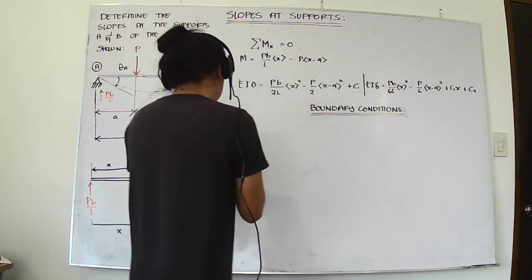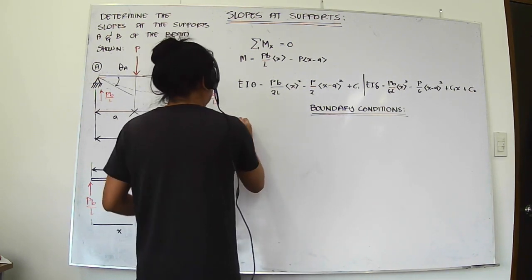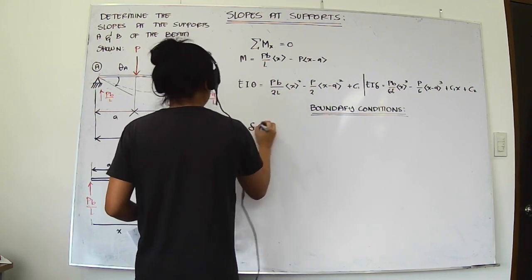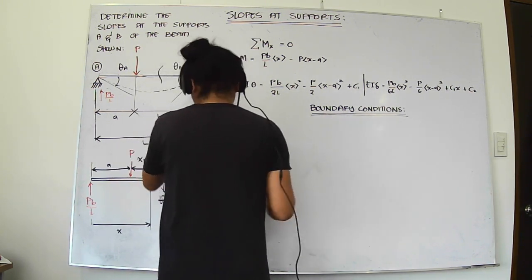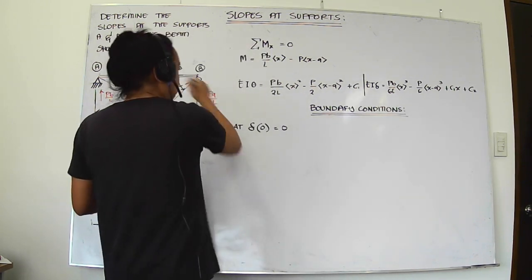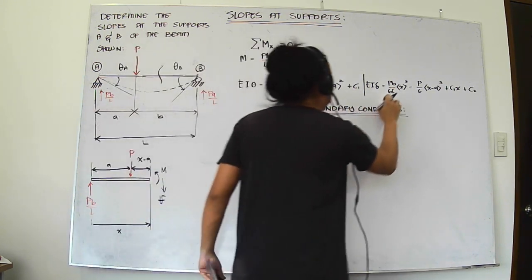Now for the first boundary condition, at X equals 0 we have no deflection, so delta is 0. Keep in mind this is the equation that we're using.